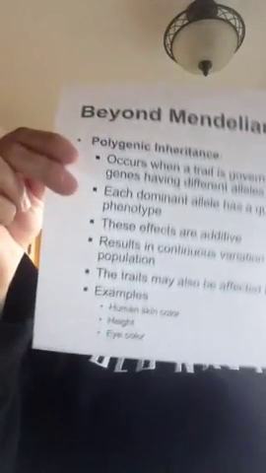Polygenic inheritance: some examples are human skin color, height, and eye color. And X-linked inheritance is in mammals. X-linked recessive disorders are more likely to affect males than females. For example, color blindness, which is on this page.